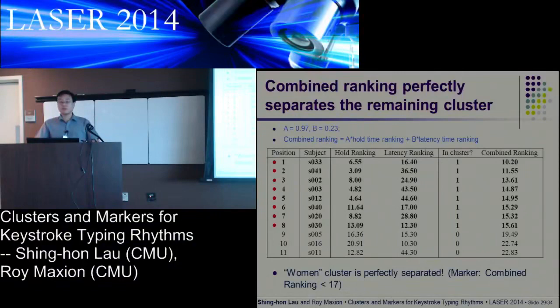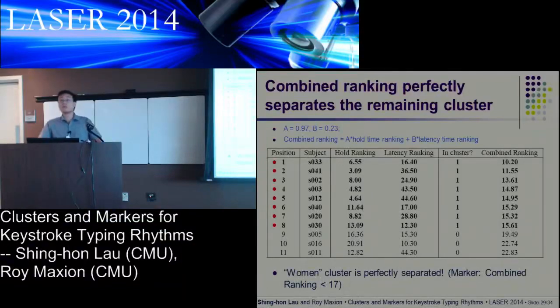So the question of whether the same subjects typing different things would produce the same clusters: if you're talking about a fixed text, especially something like a password, where people tend to have very distinctive ways of typing that password, I would be less confident about saying that these clusters are likely to remain constant if I change what the text being typed is. However, as a general comment, if we're taking, say, free text, I would expect those to stay roughly the same, barring any very unusual changes in the stimulus item.